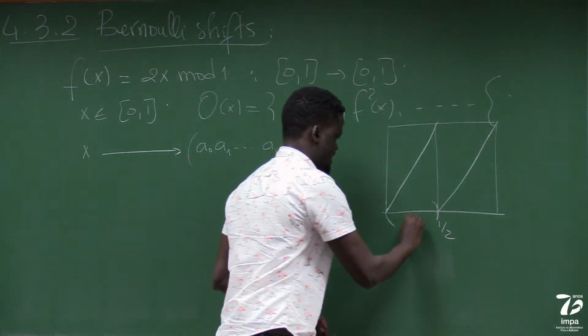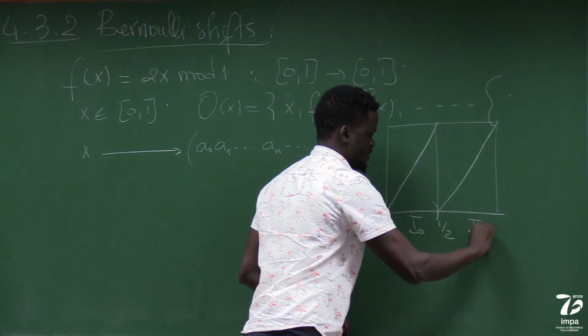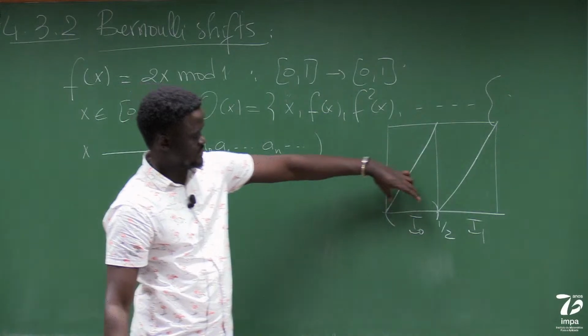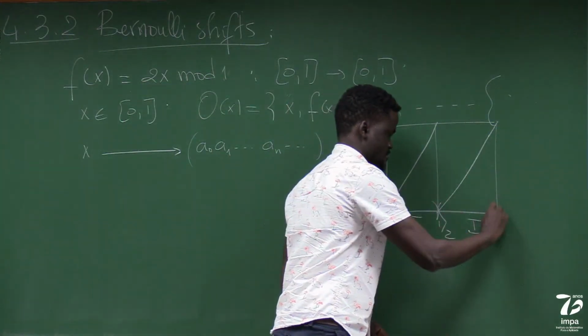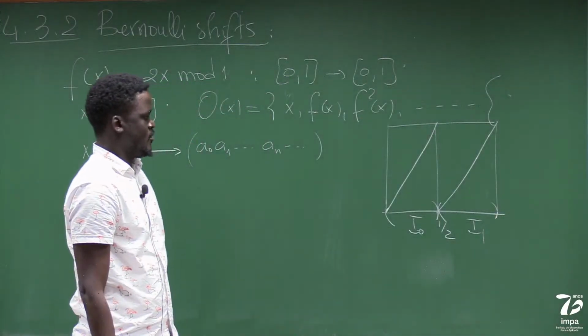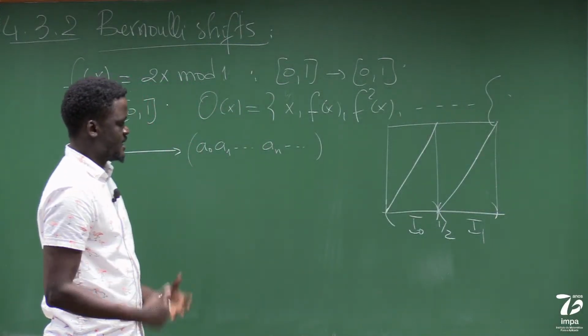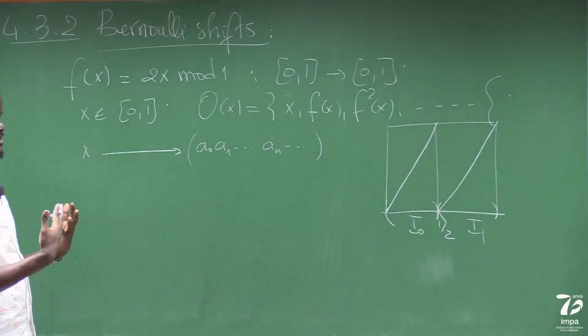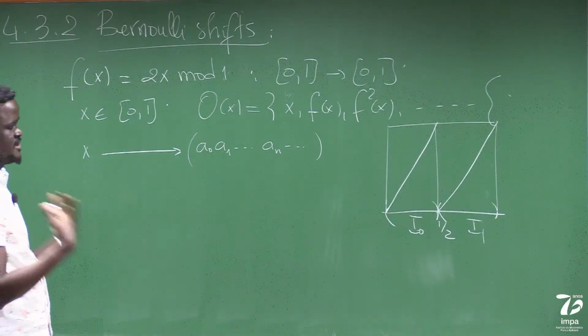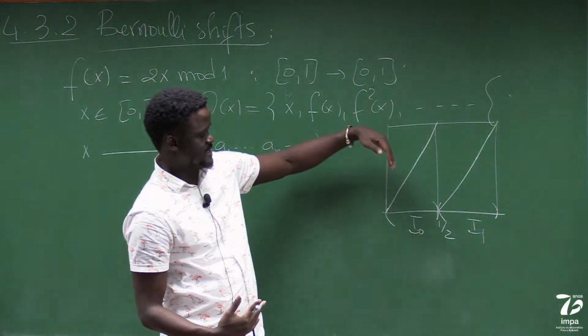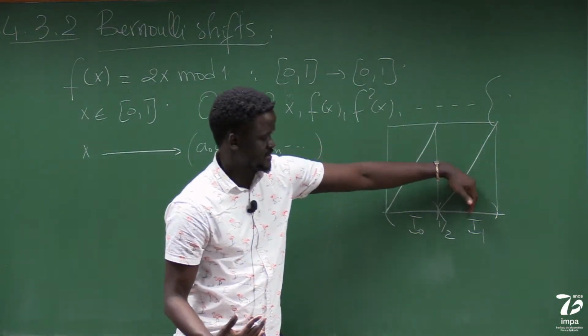Let's say this is I0 and this is I1. I don't include the boundaries. This is just a measurable partition. So you can follow these orbits by just seeing whether the nth iterate lands in this or this interval.